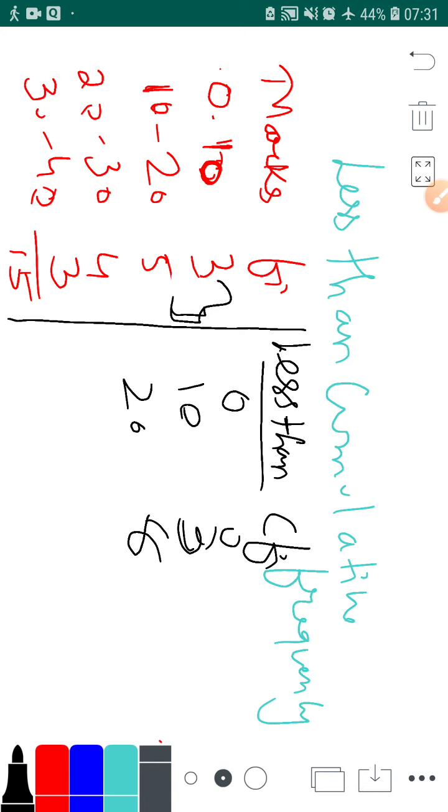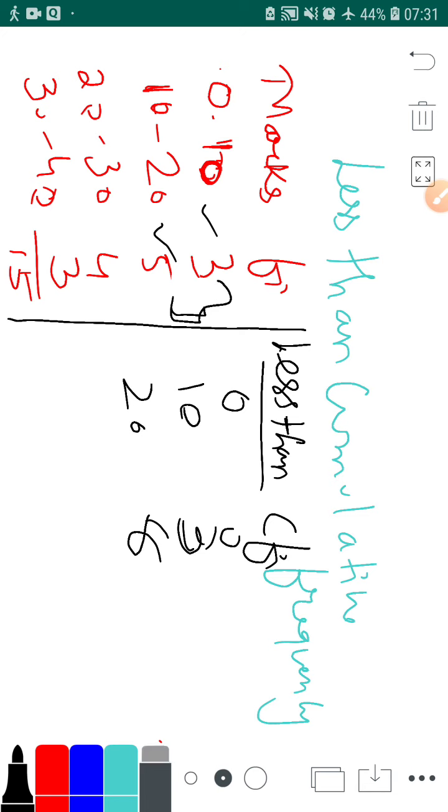I am not talking about any classes. I am talking about less than 20. In less than 20, less than 10 are also obviously included. So this 3 is also less than 20. If you are having 5 marks, obviously it is less than 20. So this 3 is also less than 20 and this 5 is also less than 20. So there are total 8 students.